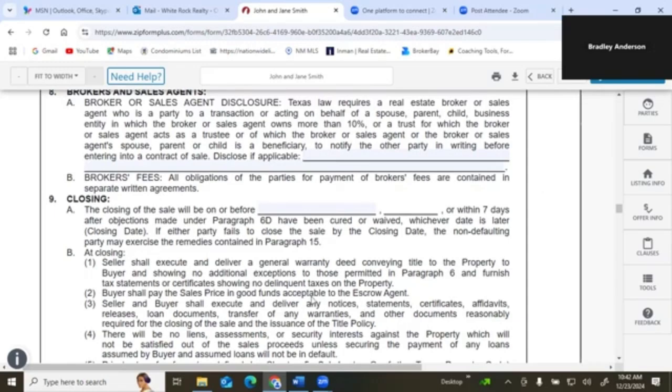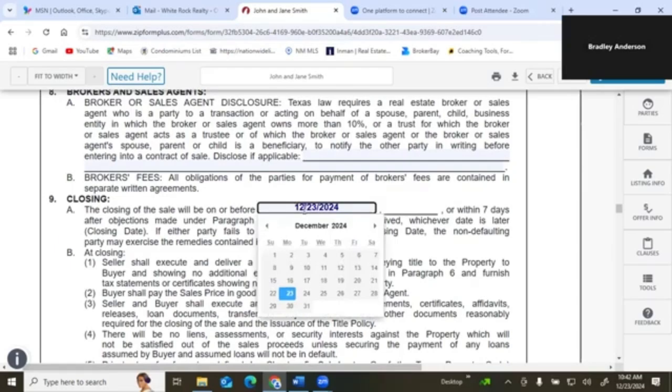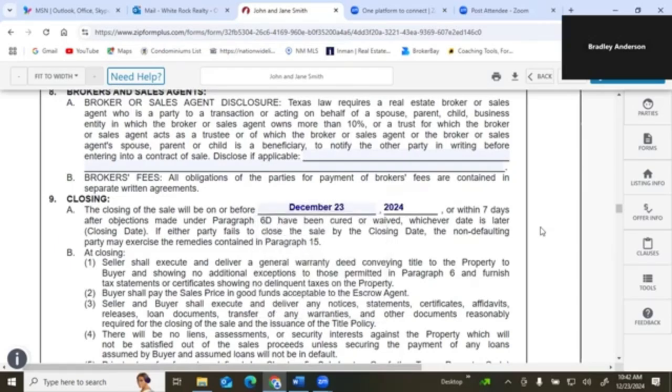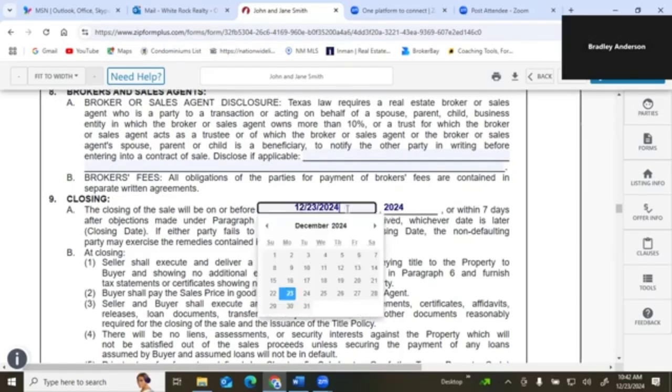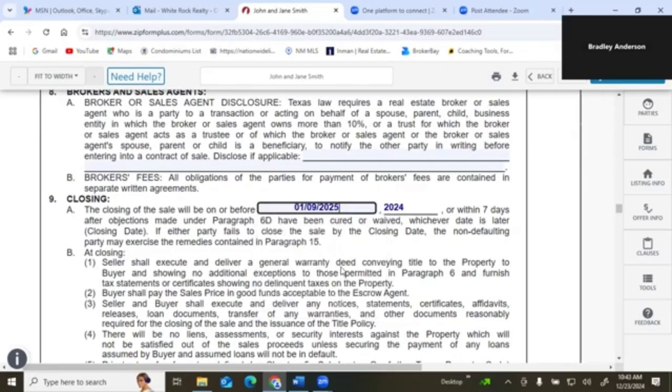Closing date. In Texas, you can pretty much bank on a 30-day close. But if it's a month like December where you've got some holidays, I'd put some padding in there. Okay. Or within 7 days after the objections are made under paragraph 6D. All right.